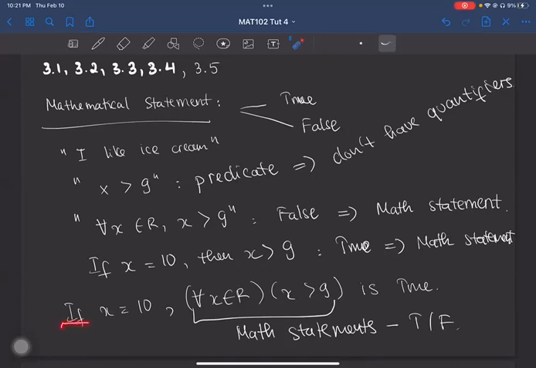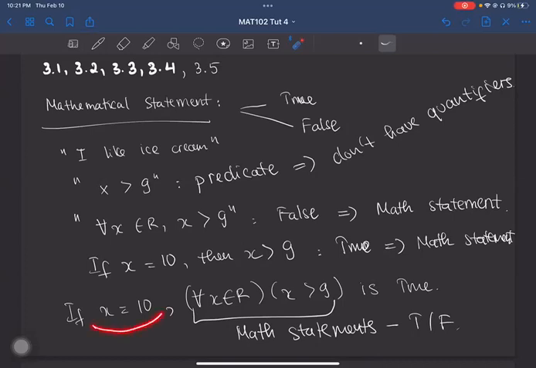The second mistake is people say, "if x equals 10, for every x in R, x is greater than 9 is true." This is a wrong argument. Why? Because you can assign a value to the predicate in order to give it a truth value. However, "for every real number x, x is greater than 9" is already a math statement itself and it has its own truth value.